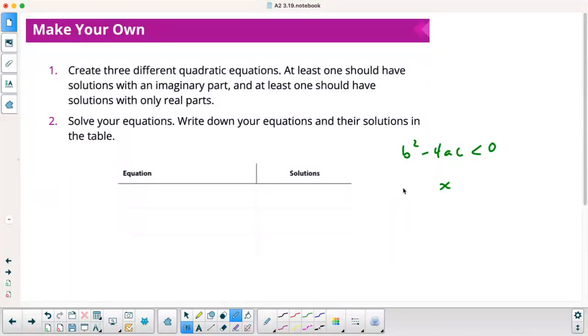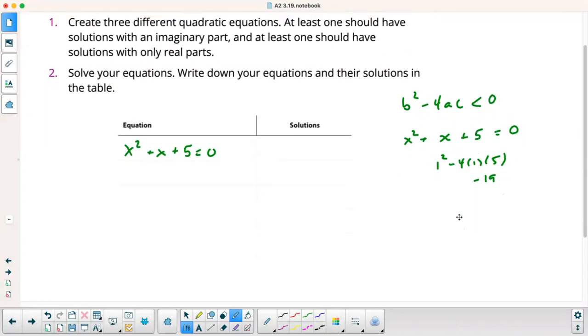So as long as a is positive, I'll make a equal to 1. And then I'll make c equal to any positive number. I'll make it 5. All right, there's my equation. So it'd be 1 squared, because b is 1 right here, minus 4 times 1 times 5. That'll give me -19. So I know that's going to be with my complex solutions. Obviously, there's all kinds of different answers you could have here.